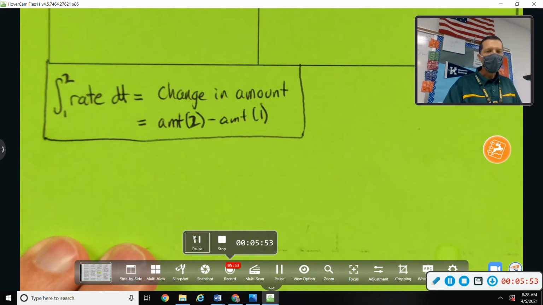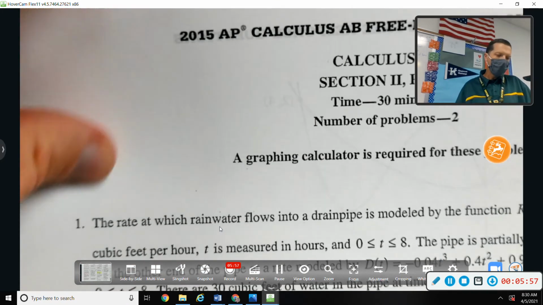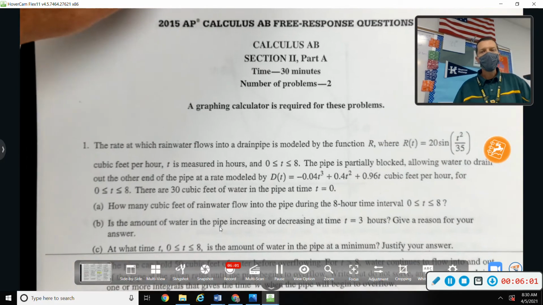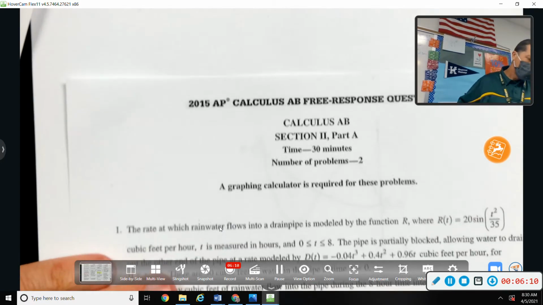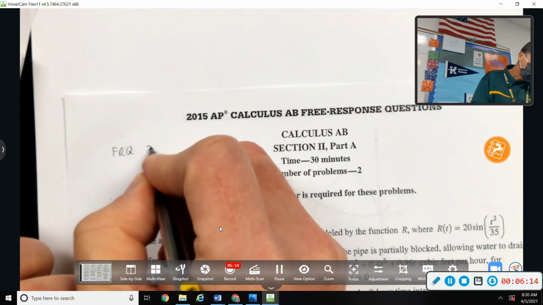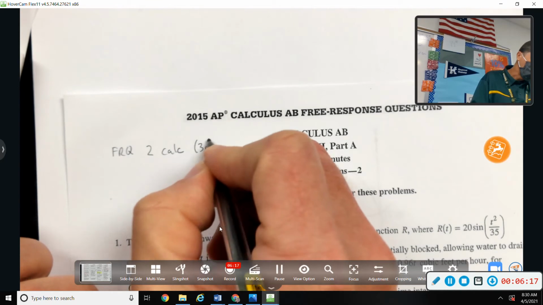All right, let's put that aside. So this is from 2015. This was the question that the students in 2015 got, one of the 6 questions. There's always 6 free response questions. There's 2 with calculator, and you get 30 minutes to do those.